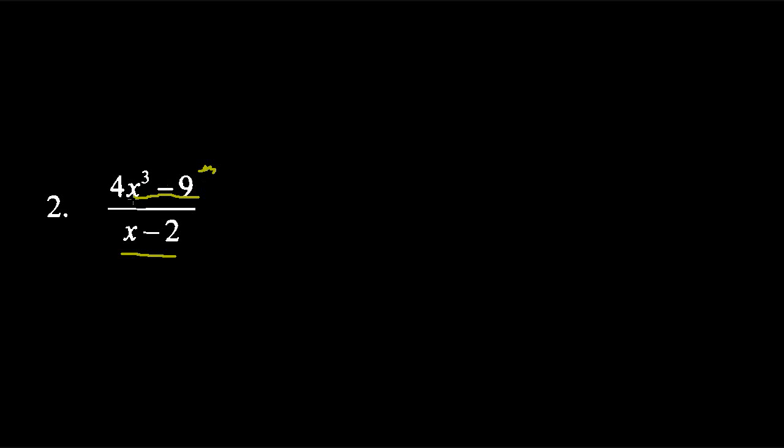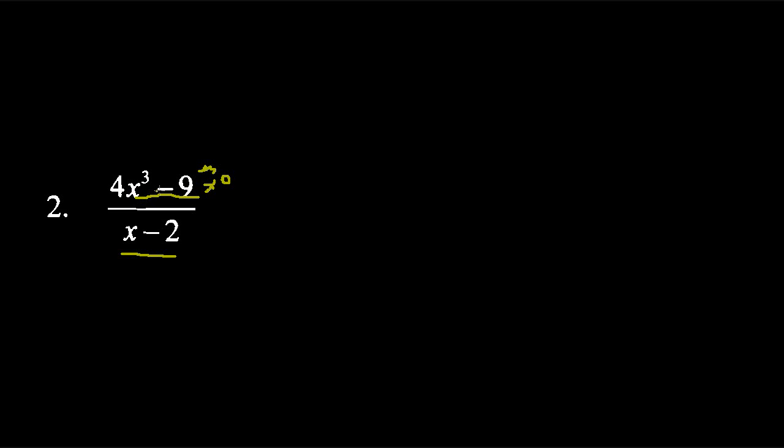Well, it starts with x to the third power, and then it jumps straight to a -9 here. That's definitely descending. That would be x to the 0 power, I guess, if you wanted to put an x to the 0 power out here. But notice we do have a problem.